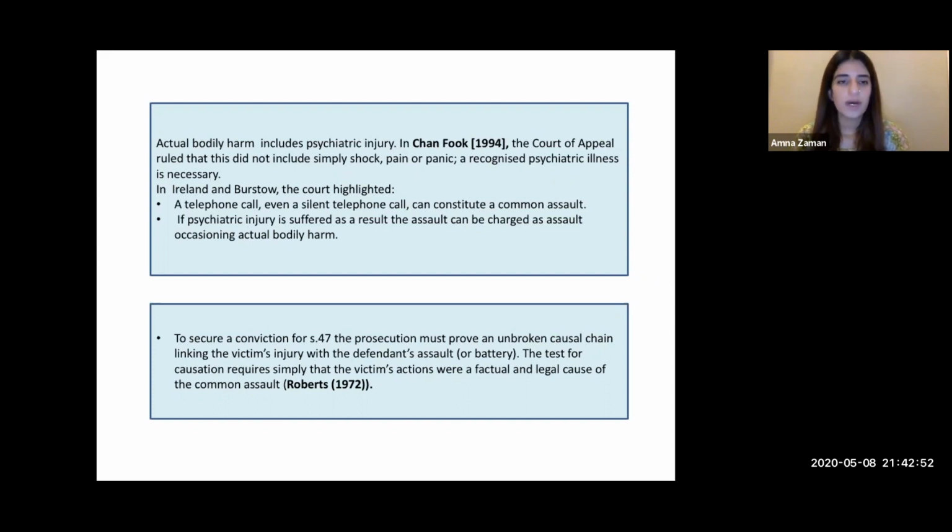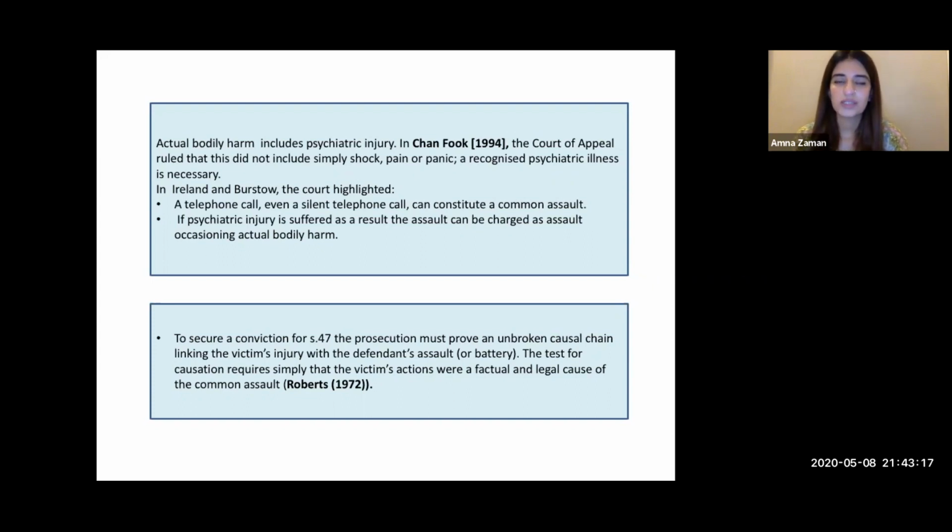Now the third requirement, since we've already talked about what is common assault, we've talked about what amounts to actual bodily harm. The third requirement for securing a conviction under Section 47 is that the prosecution must prove that an unbroken causal chain linking the victim's injury with the defendant's assault exists.